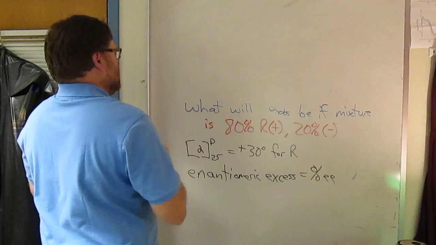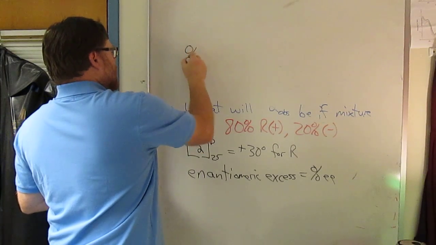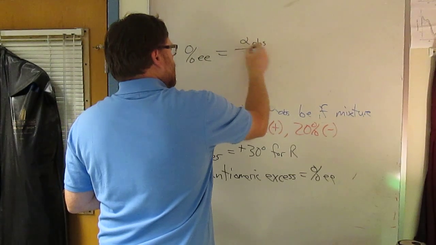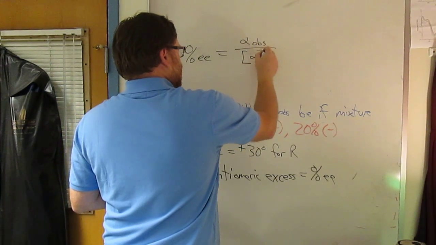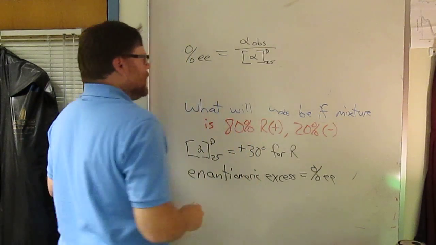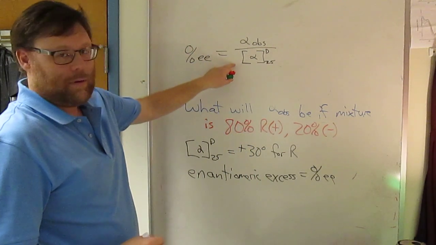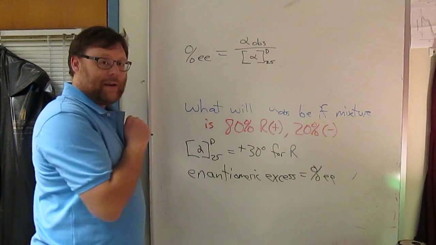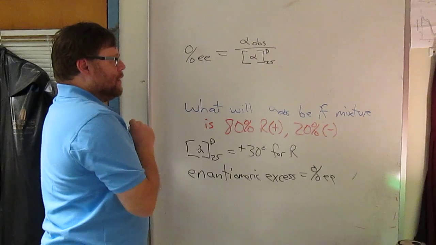So the percent EE, the enantiomeric excess, equals the observed rotation divided by the specific rotation. Right? So what we observe divided by what we should observe if it was pure. If it's 100% EE, this will be 1.